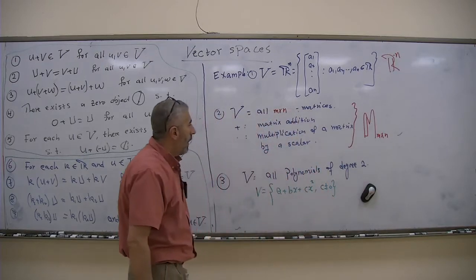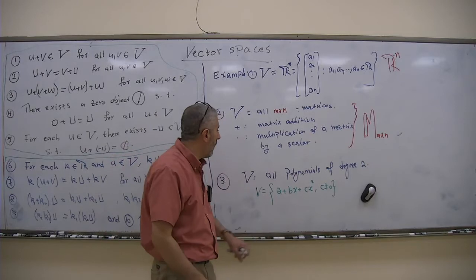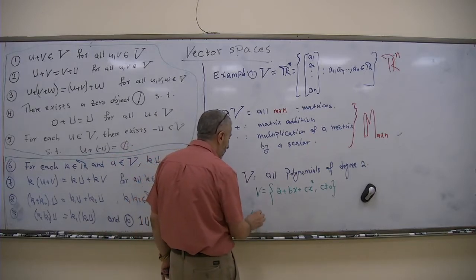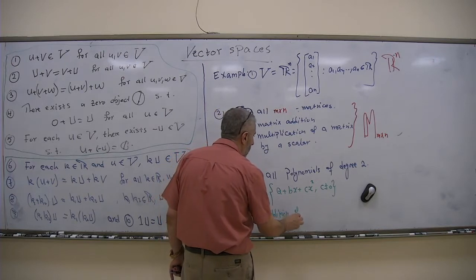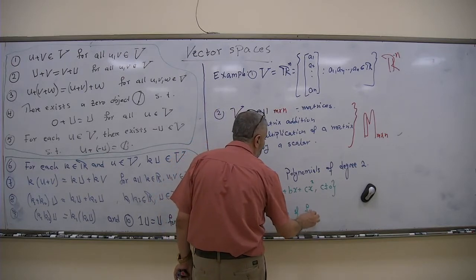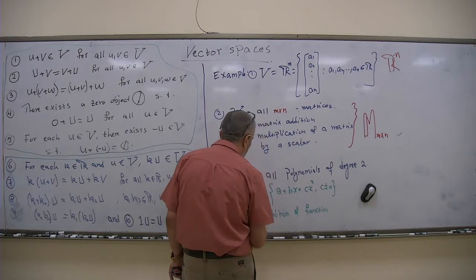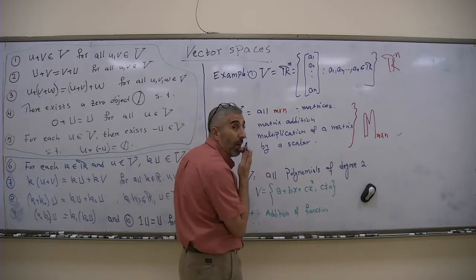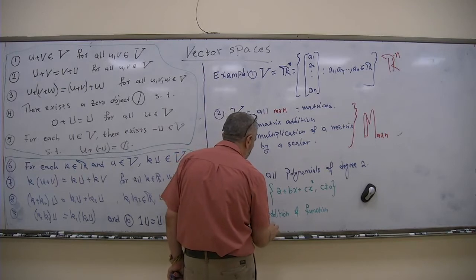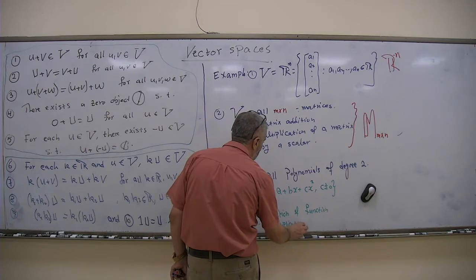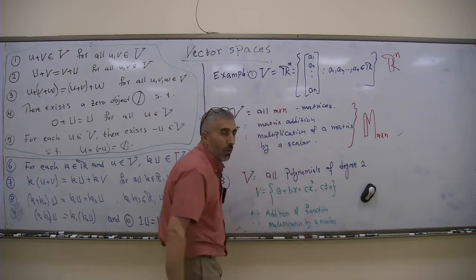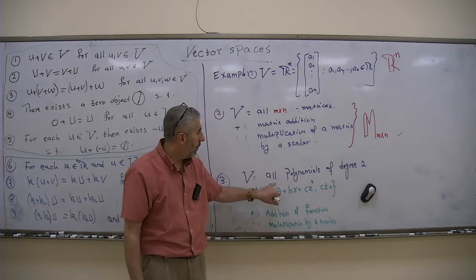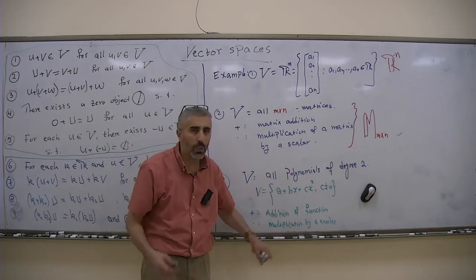Correct? Is this a vector space if we consider addition of polynomials or functions, and multiplication of your function by a number, which is what you know from pre-calculus? If you want to multiply this by a number, you multiply each term by that number.